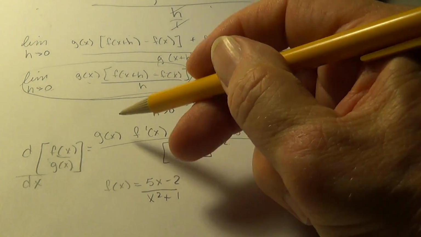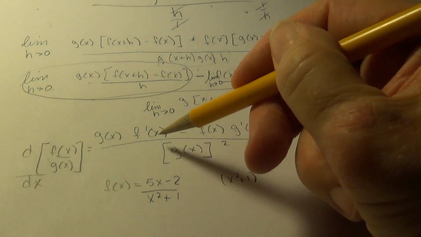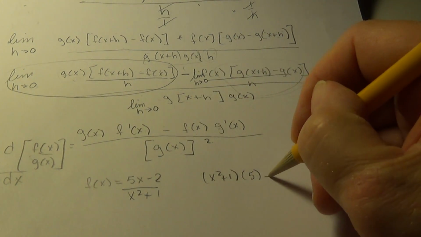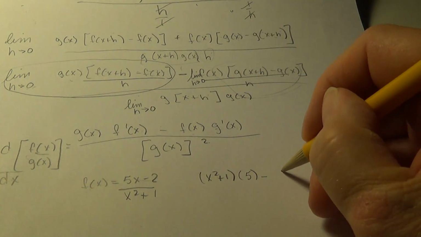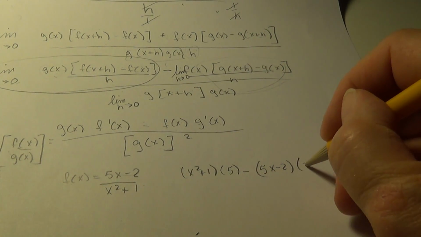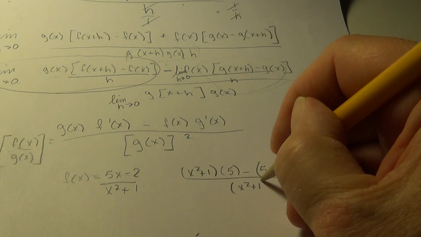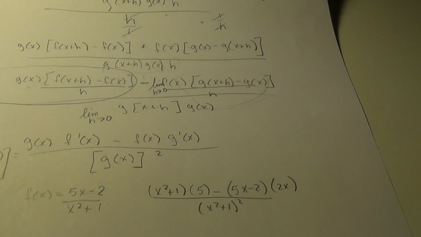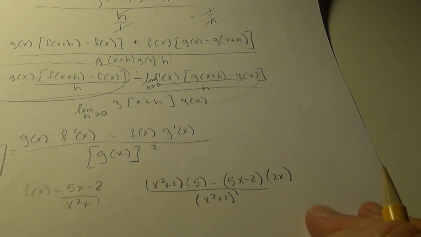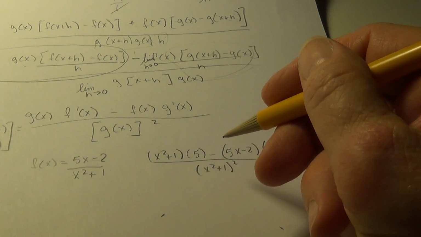So I want the bottom times the derivative of the top minus the top times the derivative of the bottom all over the bottom squared. So to clean that up, I would leave the bottom squared the way it is, but I would multiply out the top and combine like terms.